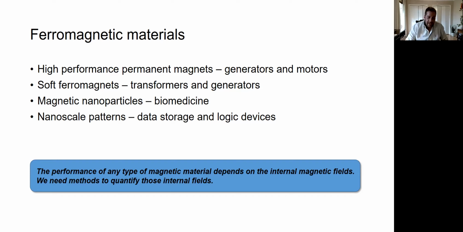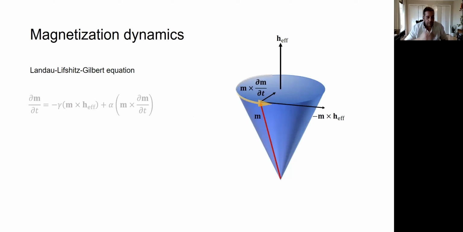Now, there are different methods to measure magnetic properties. The one I want to talk about is based on magnetization dynamics. Magnetization dynamics refers to how the magnetic field of a material responds to an external magnetic field, because those two fields will interact. So you have a piece of material that's a magnet, and then if you put that in a bigger magnet, how will it respond?